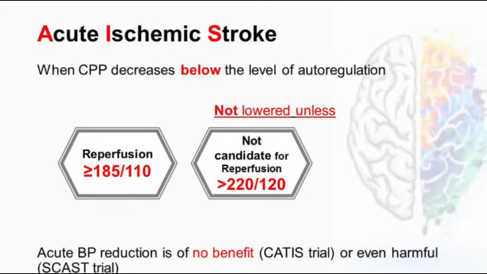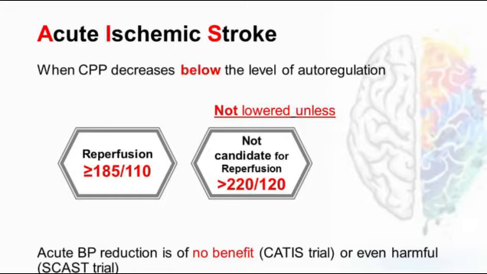Now we move to acute ischemic stroke. We said that in hypertensive encephalopathy the cerebral perfusion pressure exceeds the autoregulation. In ischemic stroke, it decreases below the level of the autoregulation. So the blood pressure will not be lowered unless in two situations.